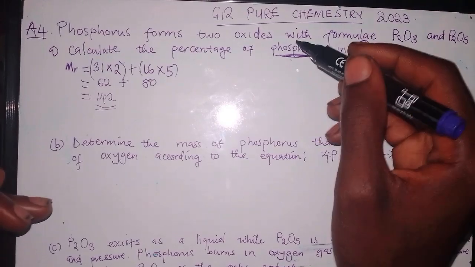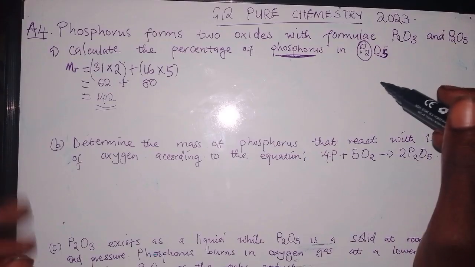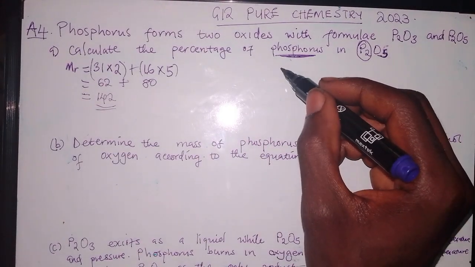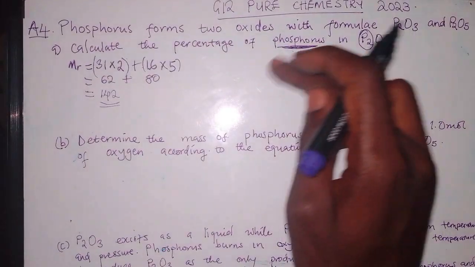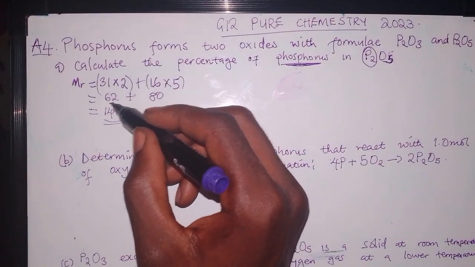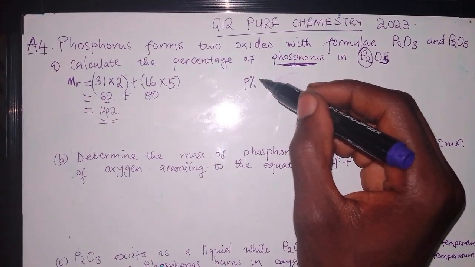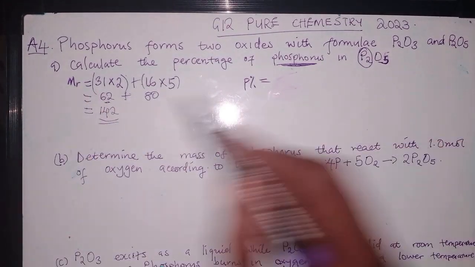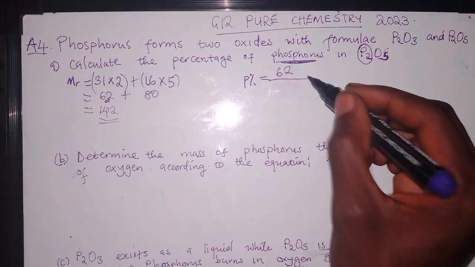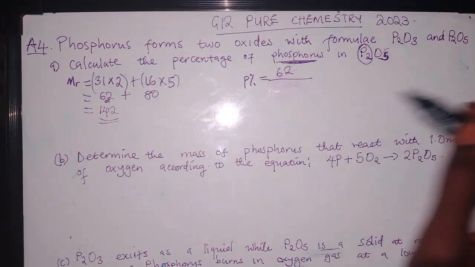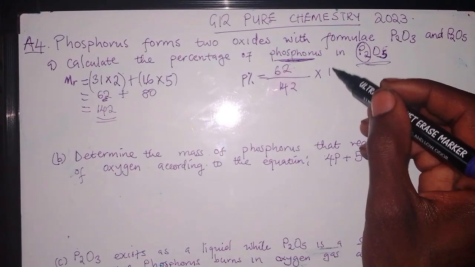How many atoms of phosphorus are in this compound? We have 2, so the mass of phosphorus we already calculated to be 62. So the percentage for phosphorus is equal to 62 over the total of the entire compound, which is 142, multiplied by 100.